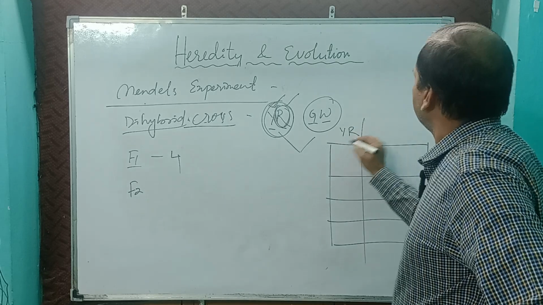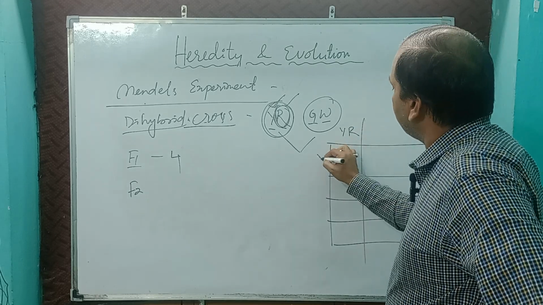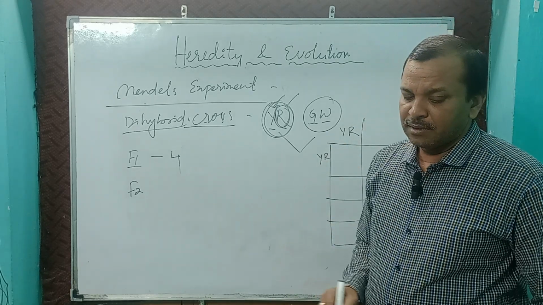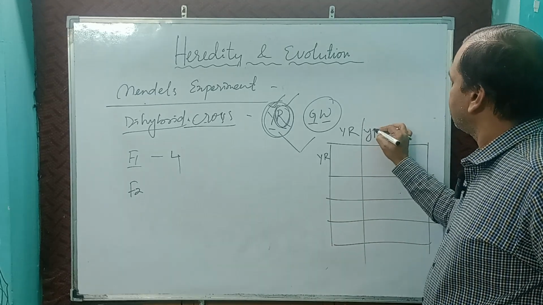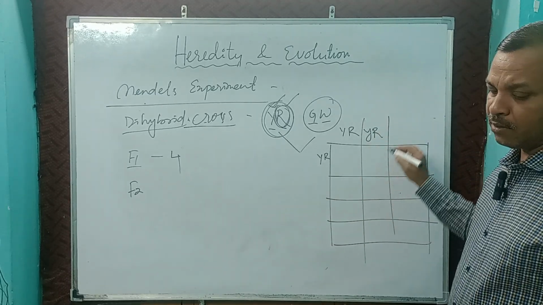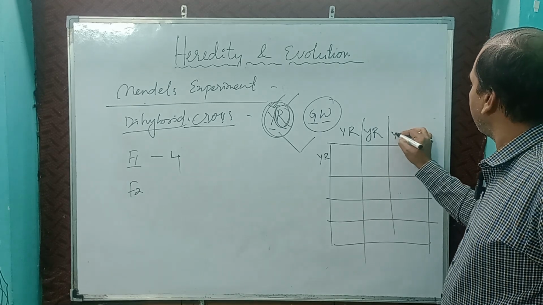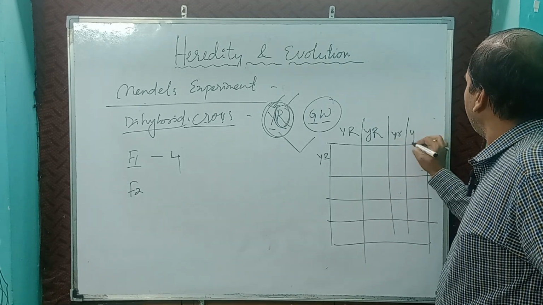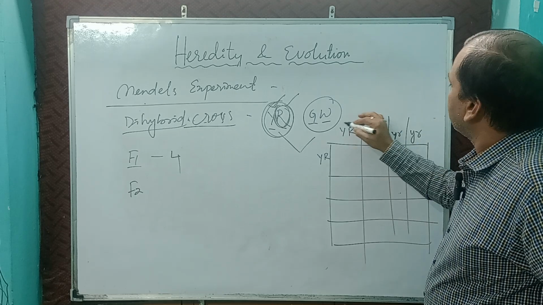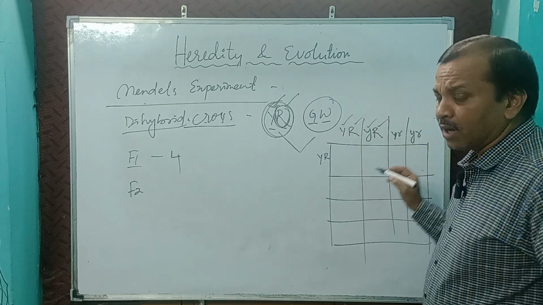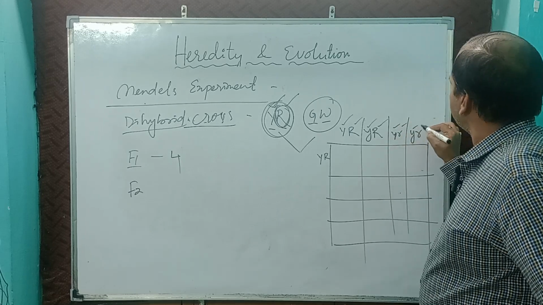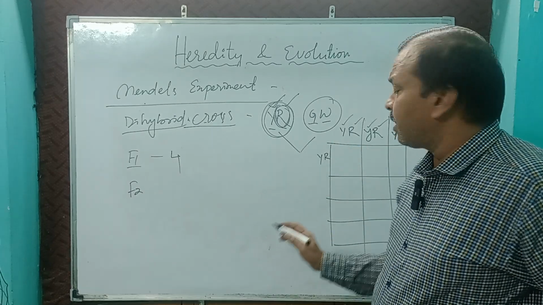YR, then YR is there, and YR, then Y and R, then Y and R. Capital, small, capital, small. The same thing will occur here.